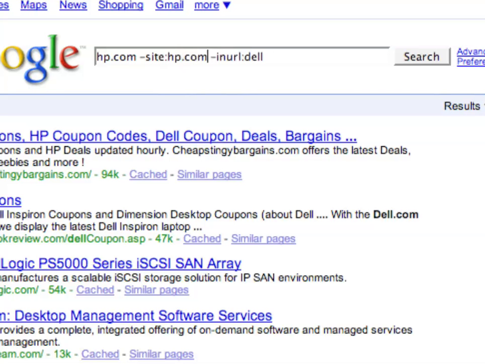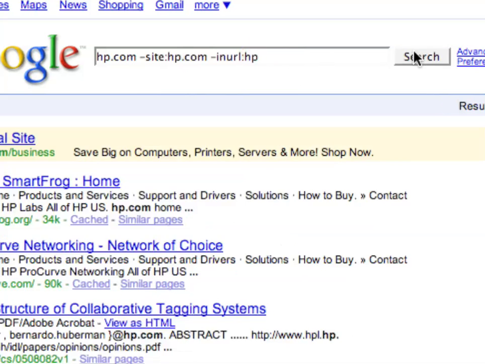Minus site:hp.com, and then inurl:hp, and search, and you can see 2 million to almost 3 million results. So Dell.com has more pages out there that are talking about Dell.com than HP.com.